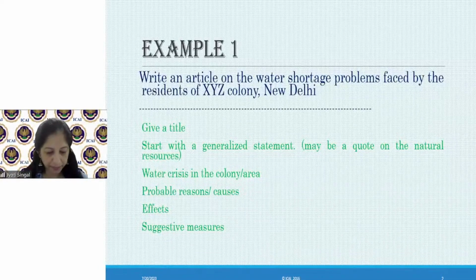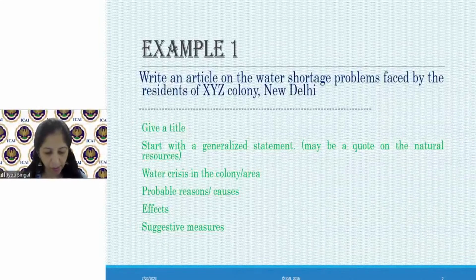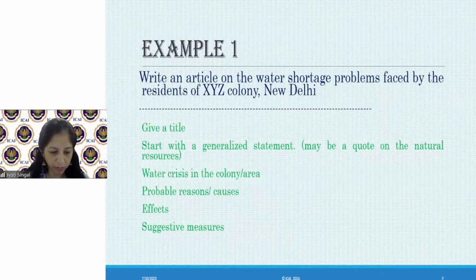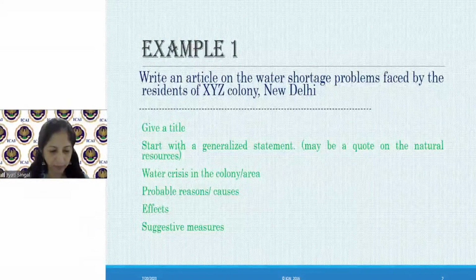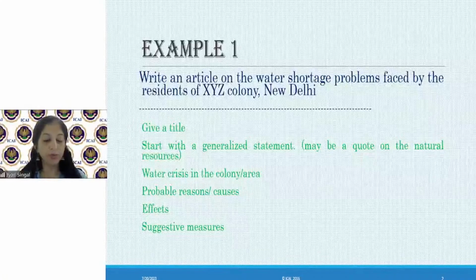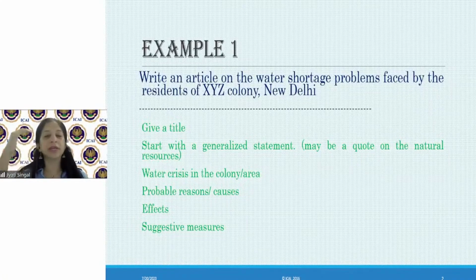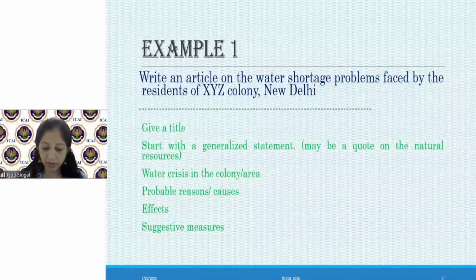I'm reading Sakshi's now. Sakshi, you have written good ideas, but there are lot of breaks. It doesn't seem to be very connected. Every line needs to be connected to the previous line. So please make sure that flow is available.